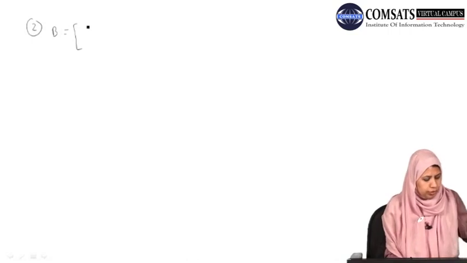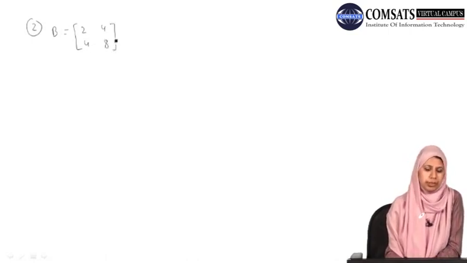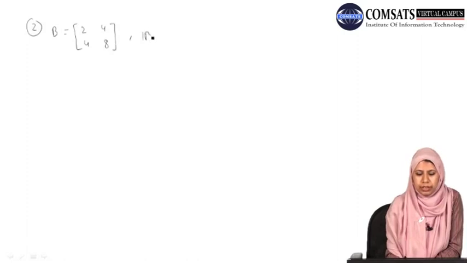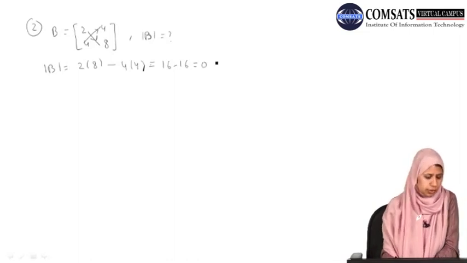If we are given a matrix B of order 2 by 2 with entries 2, 4, 4 and 8, and we are asked to find the determinant of this matrix, then the determinant will be this product, 2 into 8 along the main diagonal, minus this product, 4 into 4, which is 16 minus 16, which is 0.